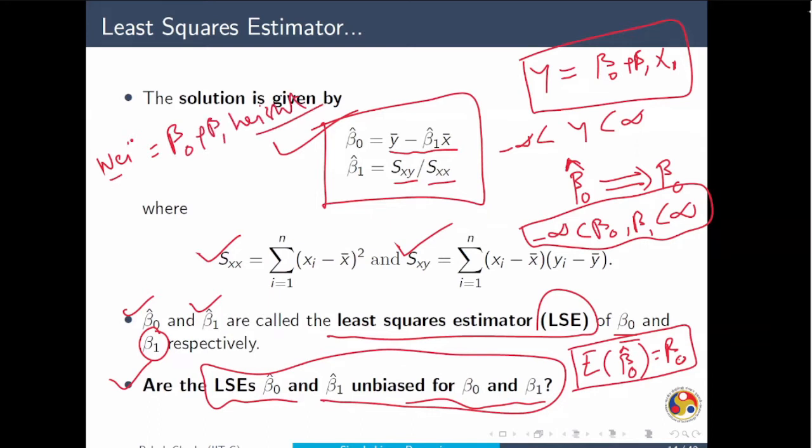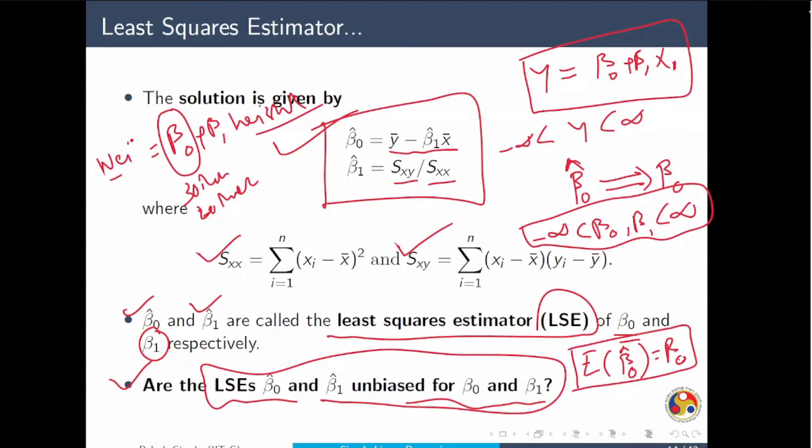You know that height cannot be negative, and similarly weight cannot be negative. Then you expect beta naught to be positive, with some amount depending on the data. Suppose you are working in inches, you can expect beta naught to be around, say, 20 or 30 inches. So even though technically beta naught can take any value from minus infinity to plus infinity, depending on where you are working and what kind of data you have, it might have some restriction there. Otherwise, technically, it should not have any restriction.